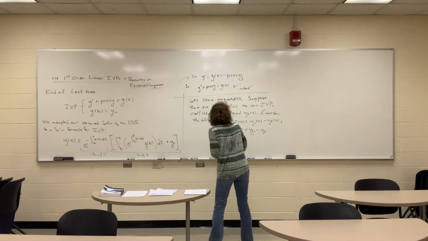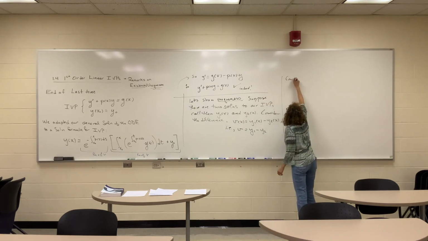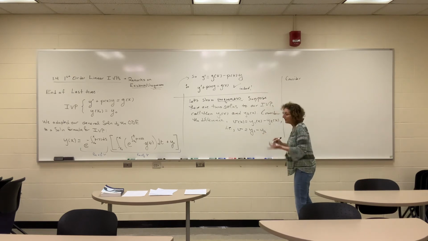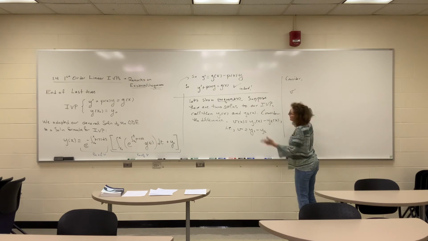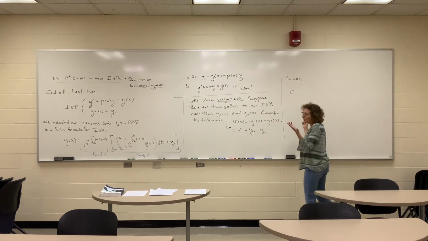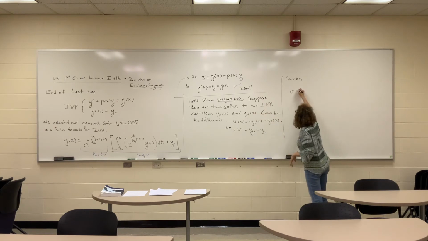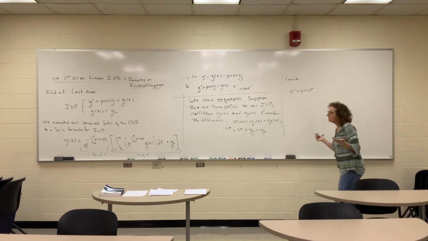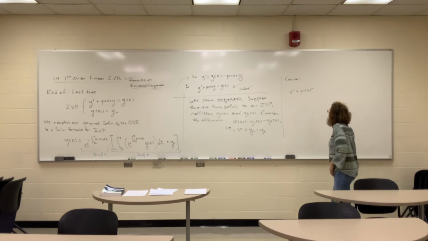Okay, so let's consider, since we know y1 and y2 both satisfy that differential equation, it makes sense for us to consider, well, what equation does v satisfy? So what happens if we look at that left-hand side and look at v prime plus p of x times v? Okay, so what would we get from v prime plus p of x times v?